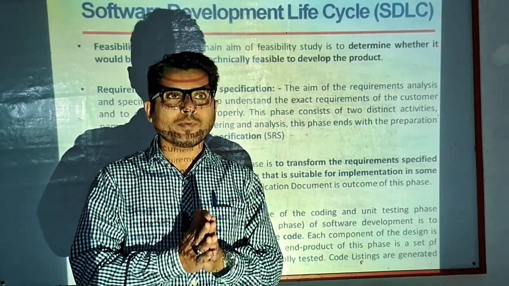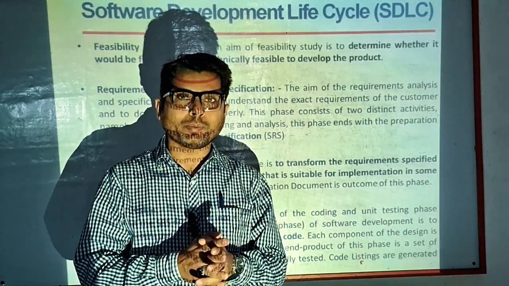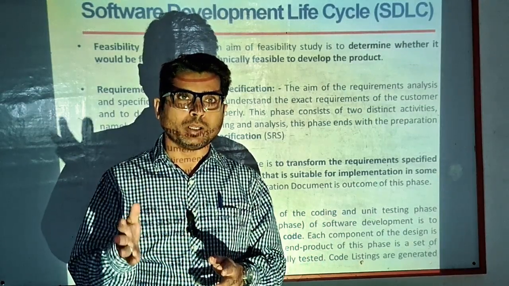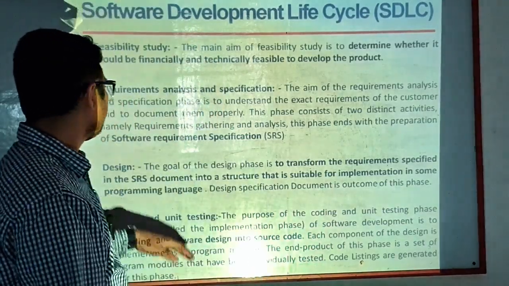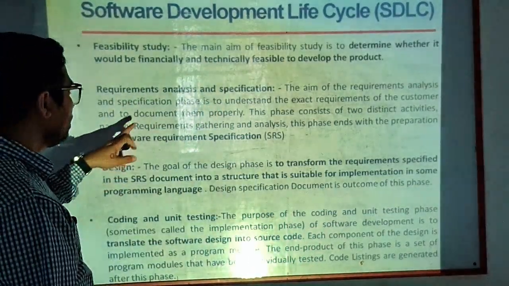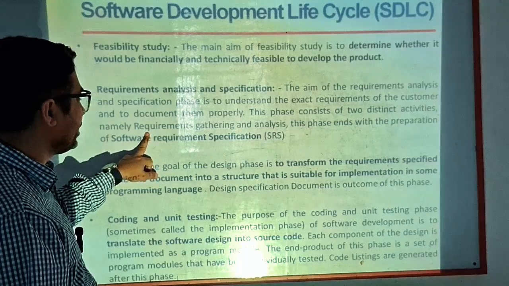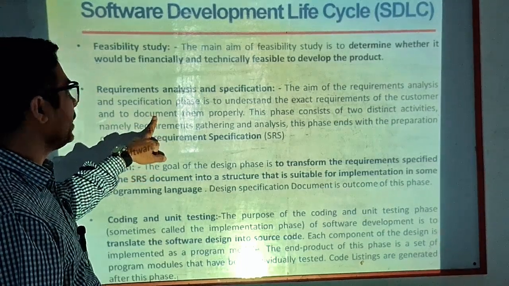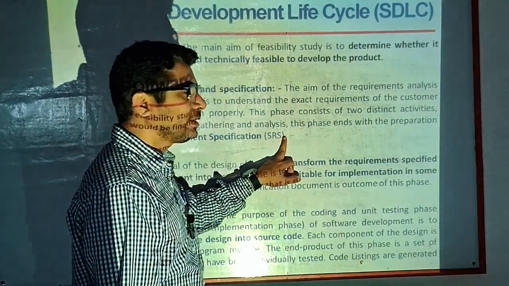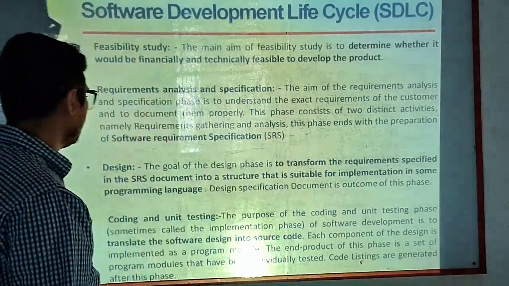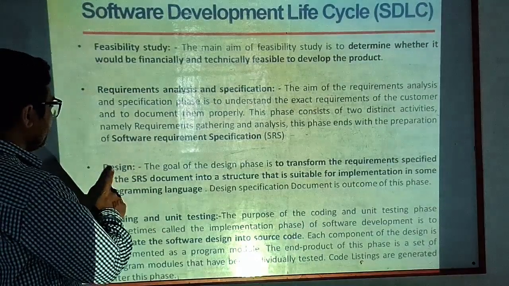So you should have a specification or the requirement of the software which you are going to build, and you should develop the software according to the requirements. This is known as software requirement specification, or SRS.